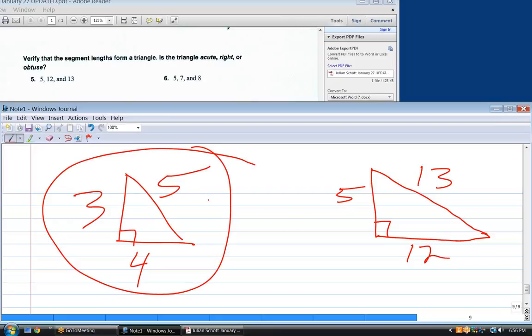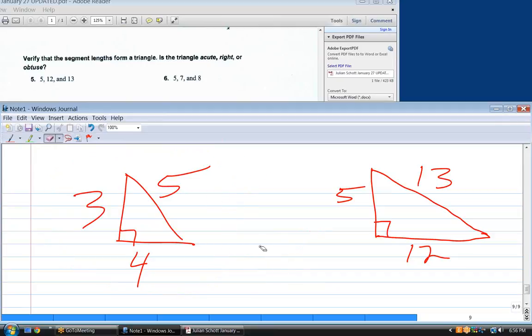You want to memorize that. Because if somebody gives you a problem like this, where they say this is 4 and this is 5, boy, if you recognize that that's a 3, 4, 5 triangle, you don't have to do any math at all. You know that's 3. Same thing with 5, 12, 13. It's the second lowest.